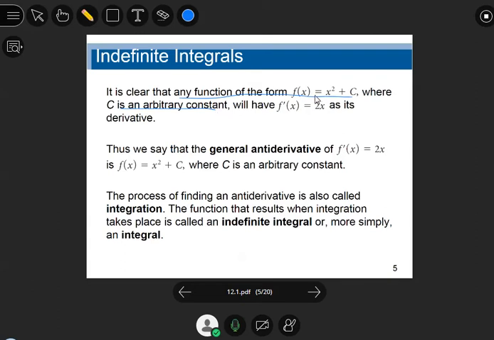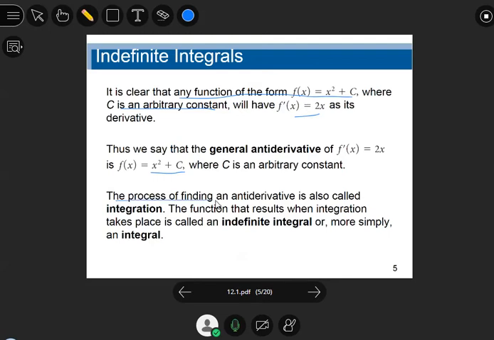Then by taking the derivative of this x squared plus c, we obtain f prime equals 2x. So the antiderivative is x squared plus c, and here c is an arbitrary constant. The process of finding an antiderivative is also called integration.